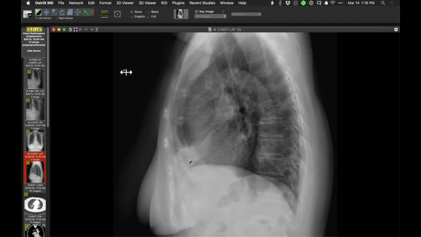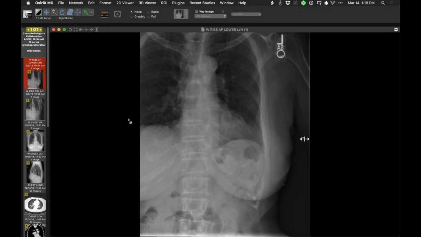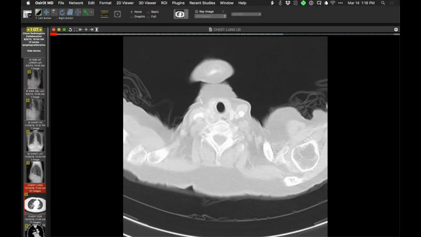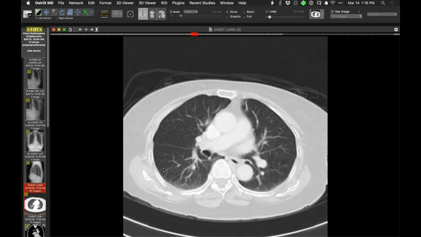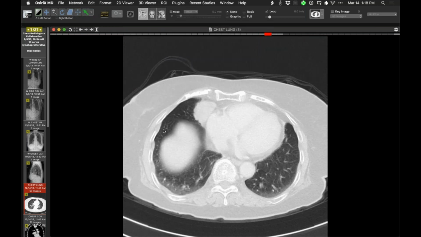The opacity is anterior in the chest, and it is new when compared with the prior series done years previously. So we know it's a new focal opacity in the anterior and medial right hemithorax, and it is, I'll show you here, located in the middle lobe, the medial and inferior portion of which.